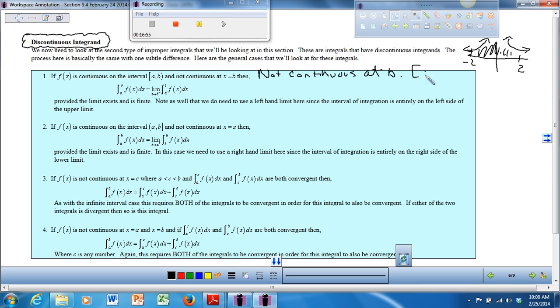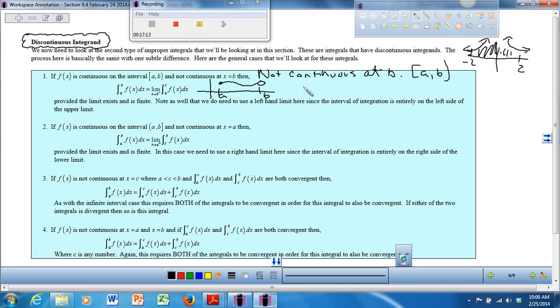So that means we have from a to b with a parenthesis on the b. And to do this, let's give a picture of what we're looking at. From a to b, we're defined at a, we are not defined at b.